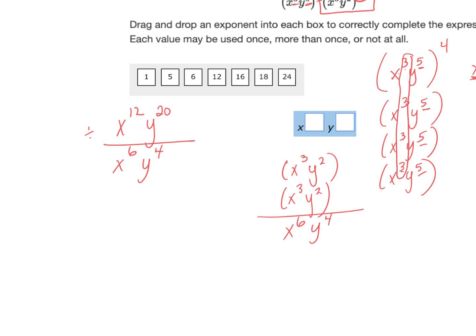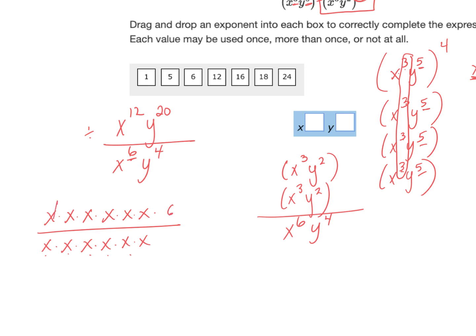And the reason for this is that, now I'm not going to write out all 12, okay, but I got 6 in the denominator, because x to the 6th is x times x times x times x times x times x. Okay, 6 x's. And imagine I have 6 more on the top.